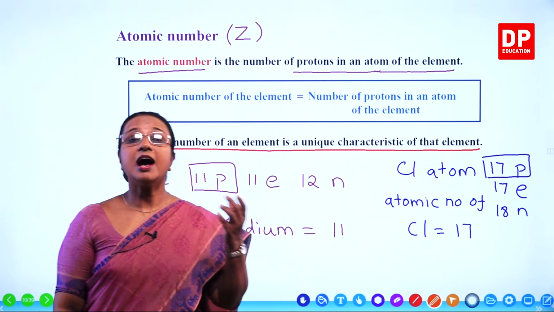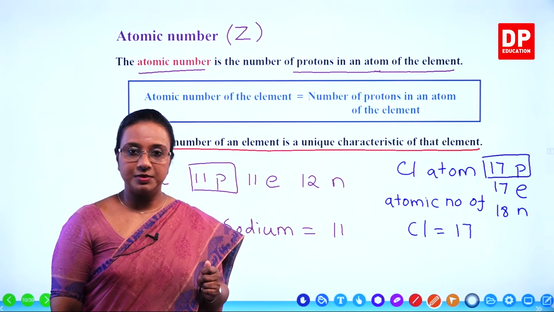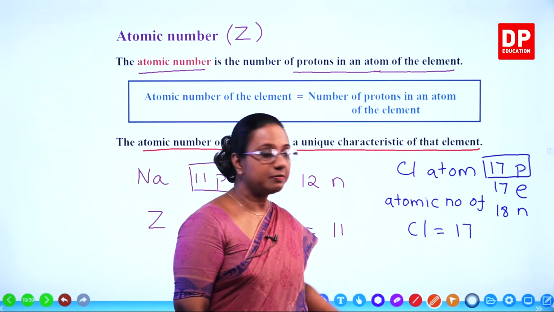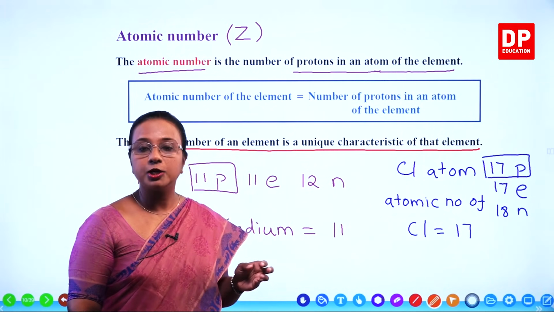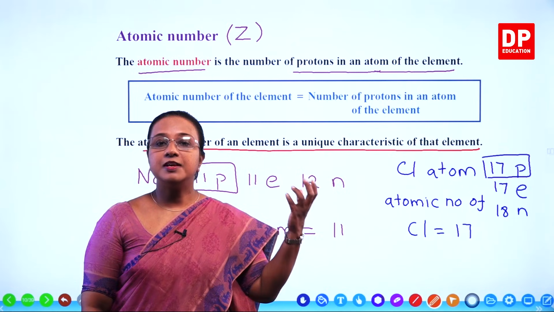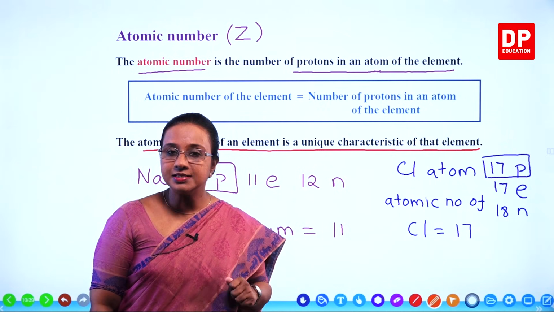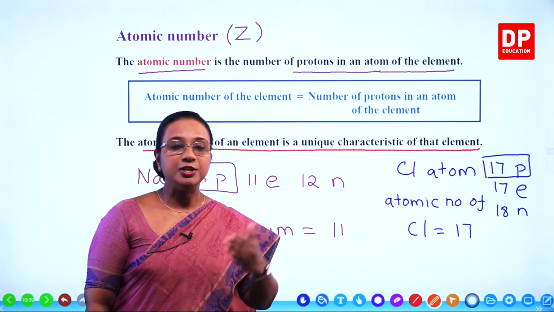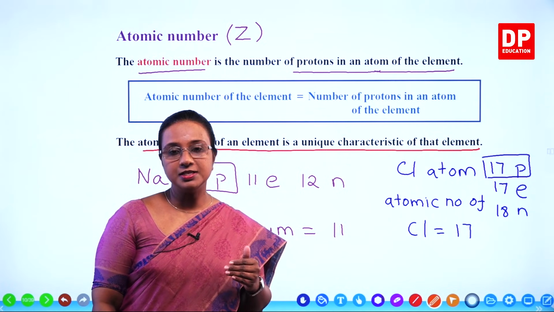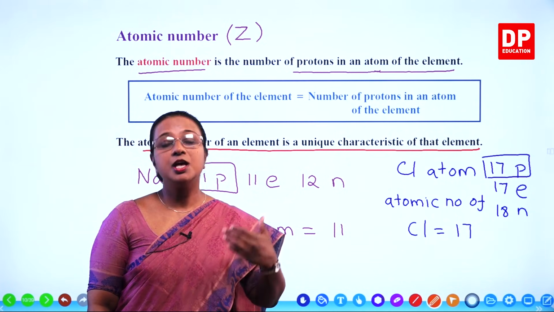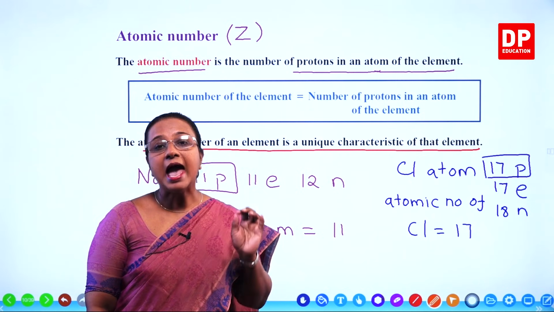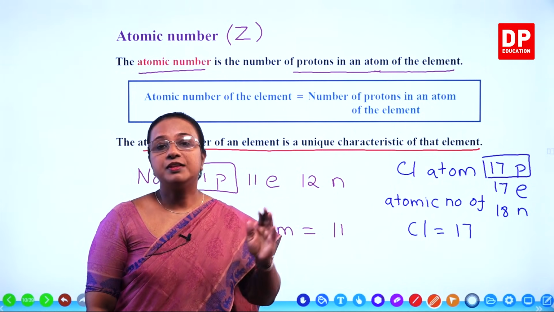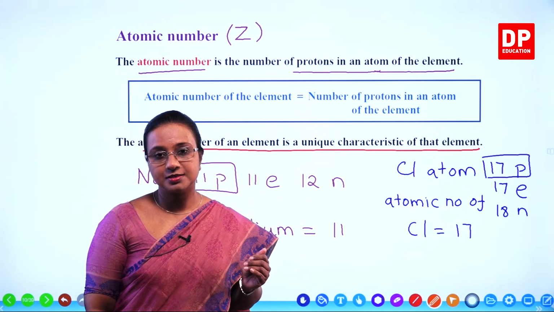That is like the identification of an element. If we say atomic number 17, it has to be chlorine. Similarly, if we say atomic number 6, then you should know that it is carbon. When you learn about all the different elements which are there in your syllabus, you will have to remember the atomic numbers of the first 20 elements.